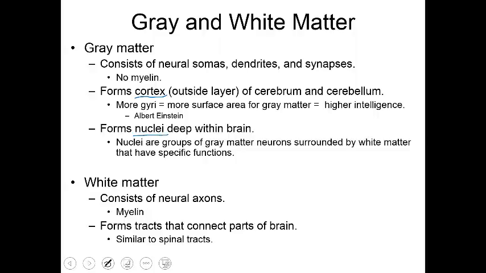The nuclei of the brain are deep regions within the cerebrum that are gray matter, and they're surrounded on all sides by white matter. Now, the white matter is white visually because it contains myelin, and that comes from the myelin sheath that covers the axons of the nerve cells, or the neurons.